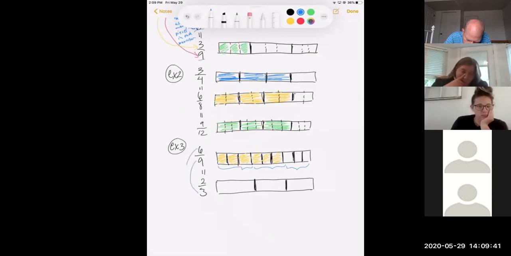Starting with the denominator, divide by 3. And then I take my 6, and it becomes 2 because I also divided by 3 here.